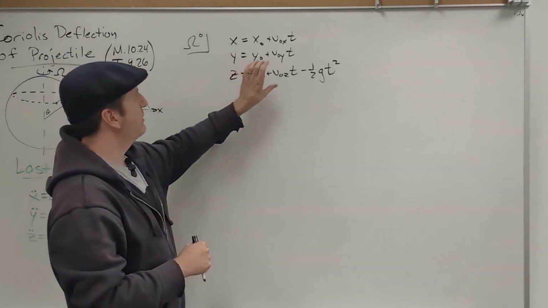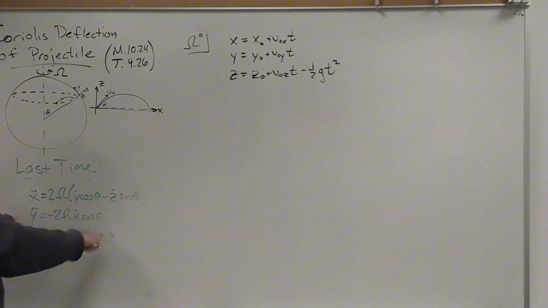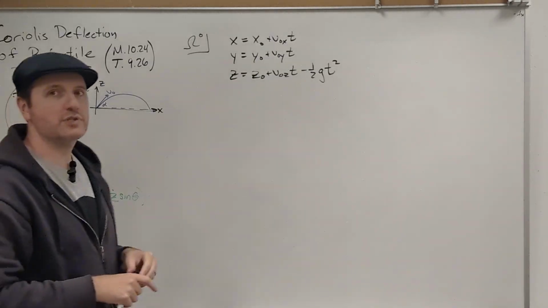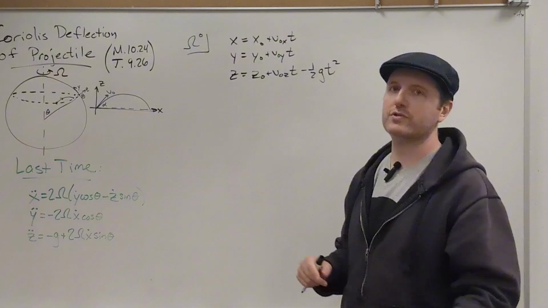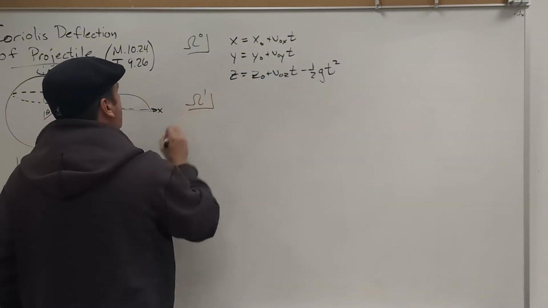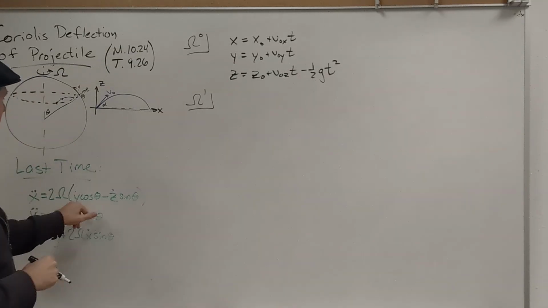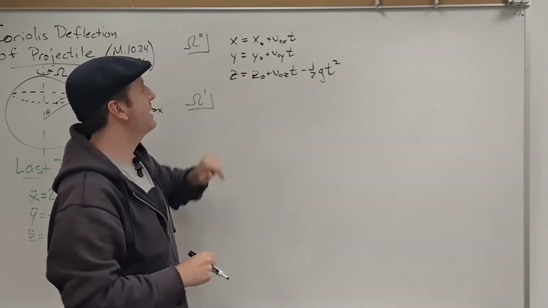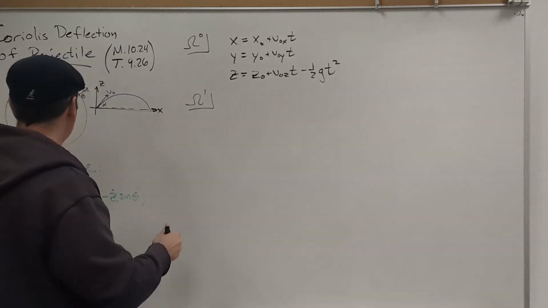As before, I'm now going to substitute these three 0th order approximations back into my Coriolis equations to get a new set of differential equations that I'll now solve to first order in omega. So plugging those in, what will we have? Well, y dot and x dot are both just going to be v naught x and v naught y, because there's no acceleration in 0th order.